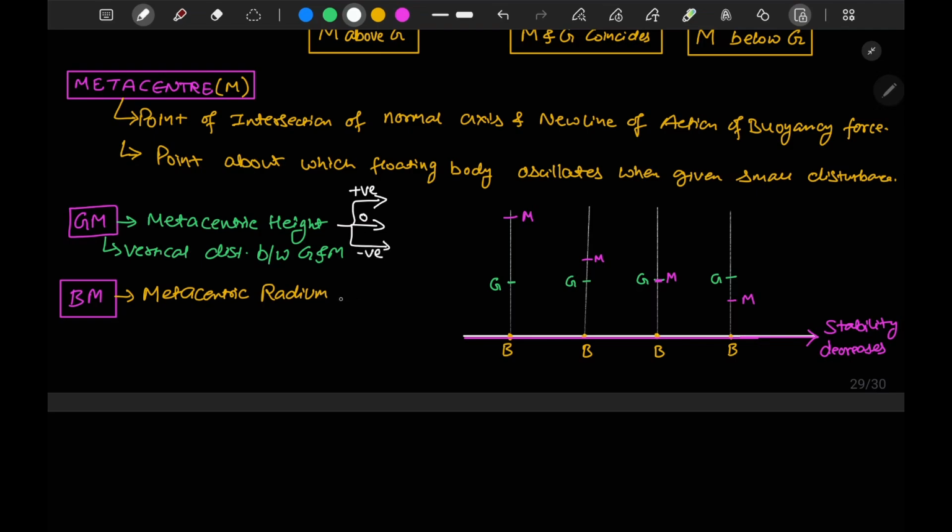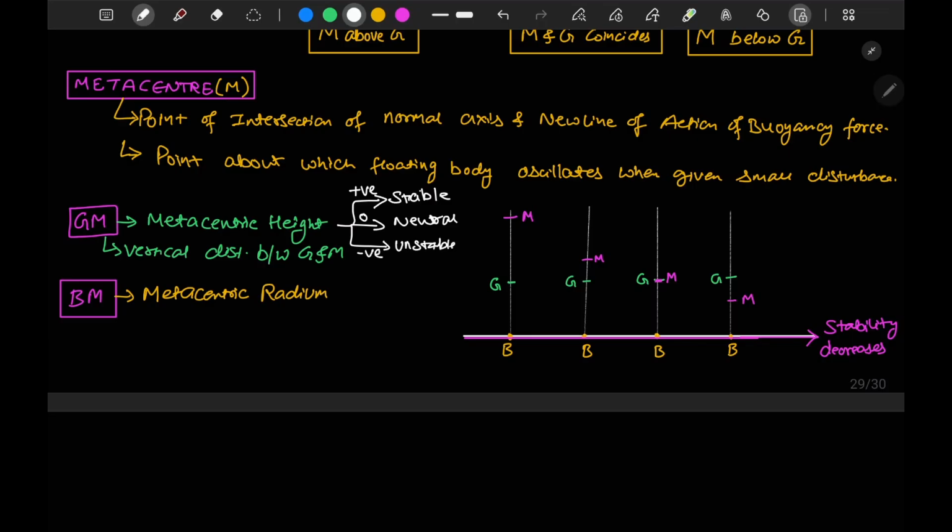If it is positive, this is stable equilibrium. If 0, then it is neutral. If negative, this is unstable.